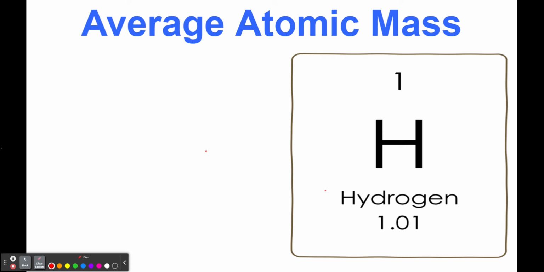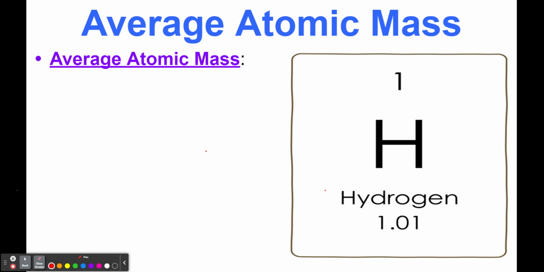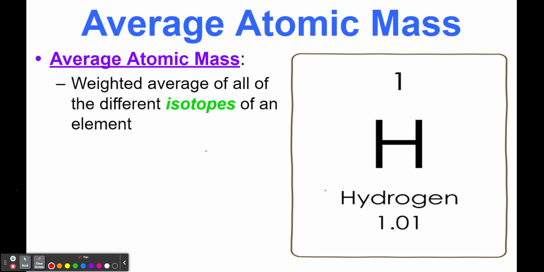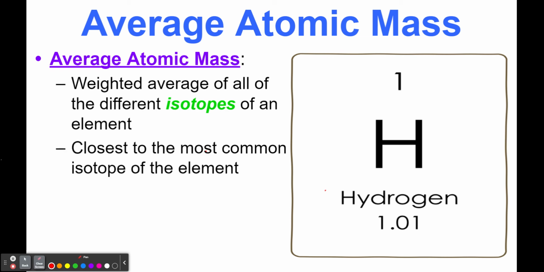So it's the average atomic mass, the average of all the different isotopes of an element. And whatever whole number the average atomic mass on the periodic table is closest to is the most common isotope of that element.